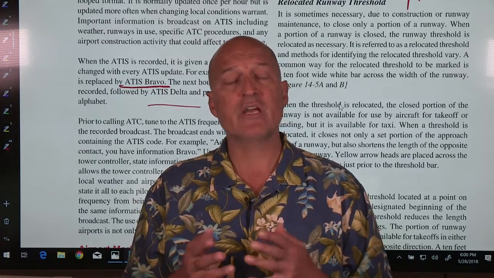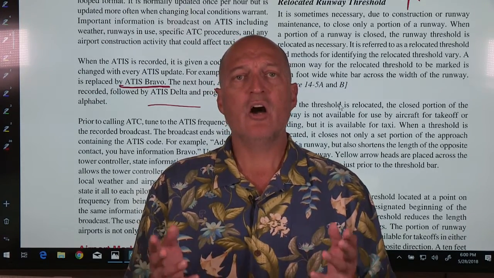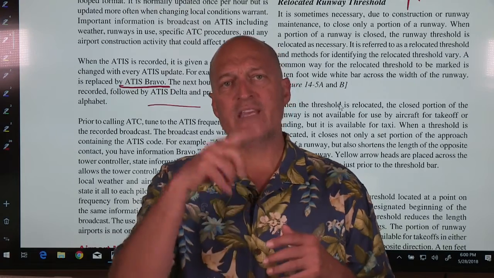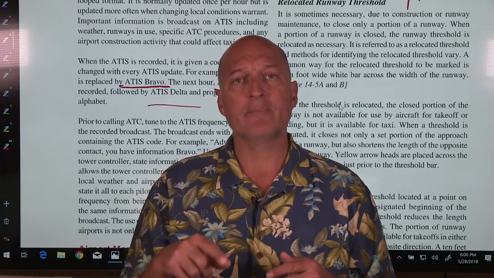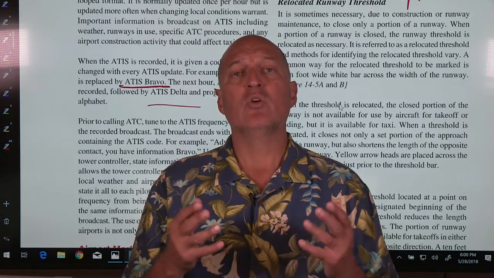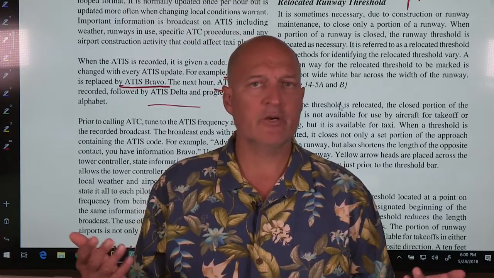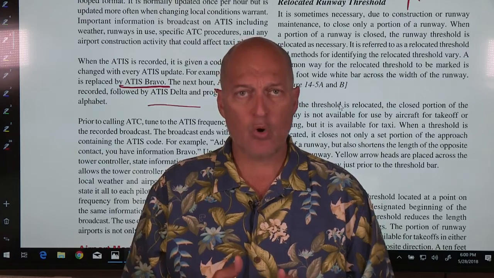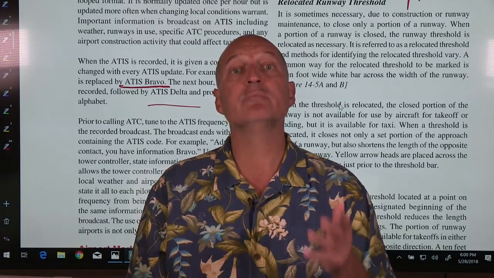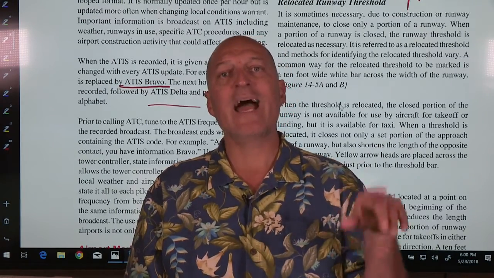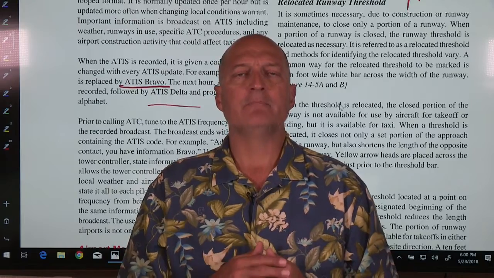And if conditions change often enough there in that hour, there will be a supplemental ATIS that will come out. So if the winds change a bunch, if the temperature changes a bunch, if it starts snowing or raining or whatever, and the conditions warrant, they will issue a new ATIS before that next hour comes up.